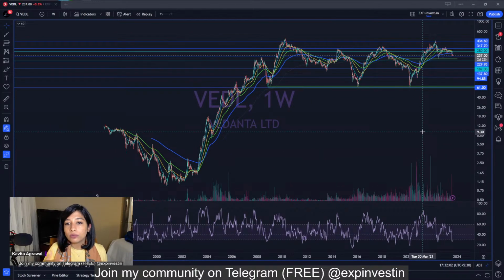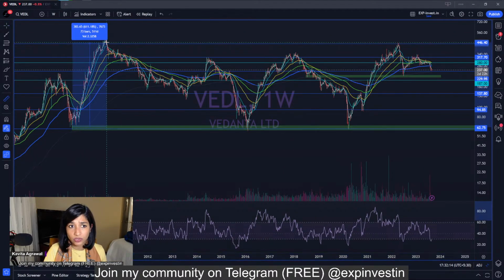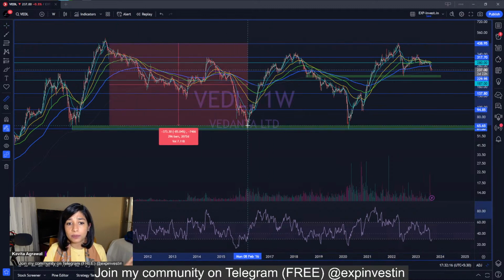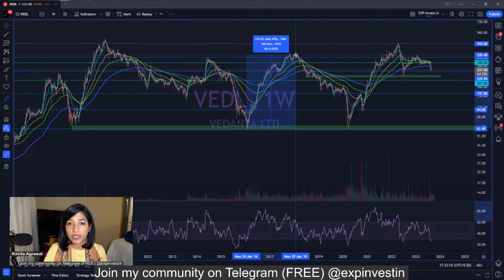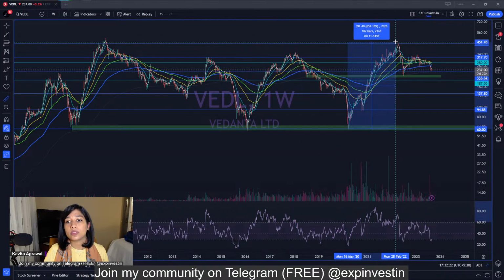What I can see in BHEL is that it gave a massive rally, but it has as good as topped out in 2010 and has been in a sideways consolidation, a massive range consolidation. I mean, it goes up 6x, comes down 85%, goes up 4x, again comes down 80%, again goes up 6x.